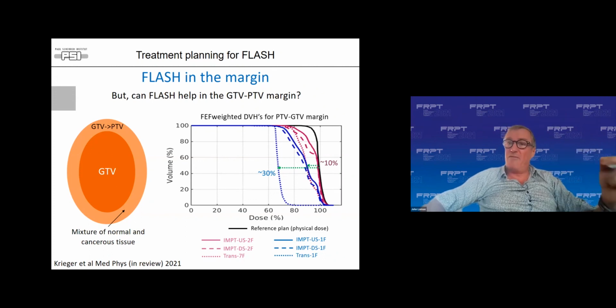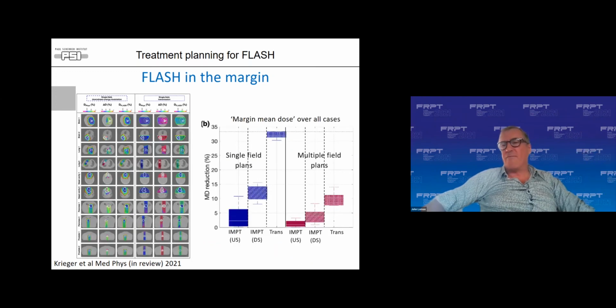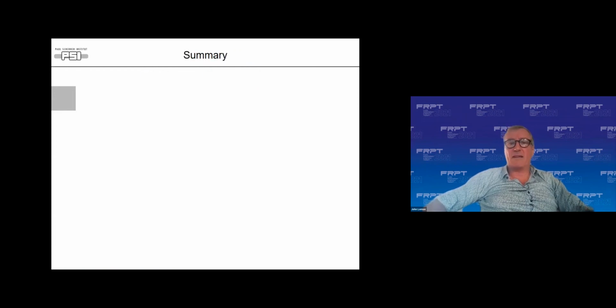So there could definitely be an advantage of flash in that area between the GTV and PTV, which is a mixture of normal and tumor tissues. We did that for all the cases you can see here, and again, the results are more or less similar: if we look at that margin, this is potentially an area, or a volume, where flash could be very effective.